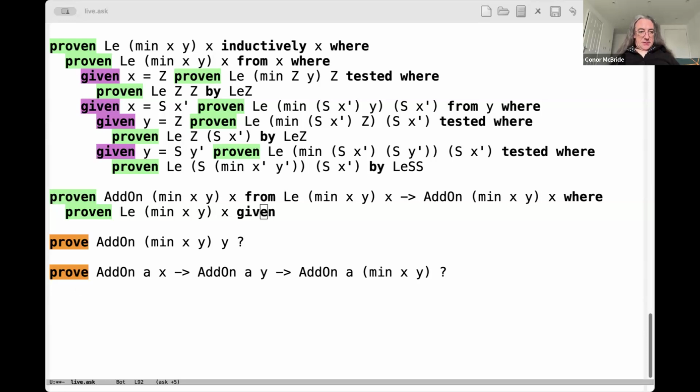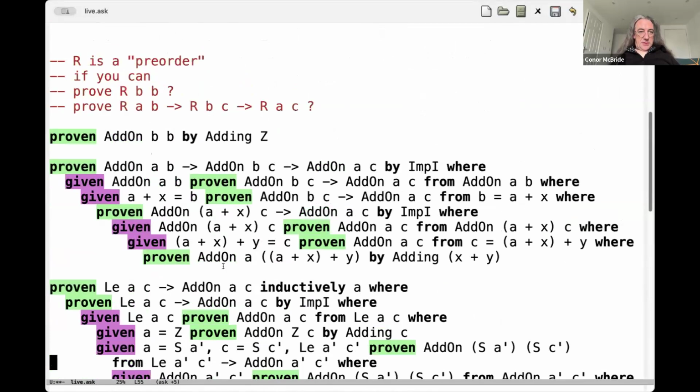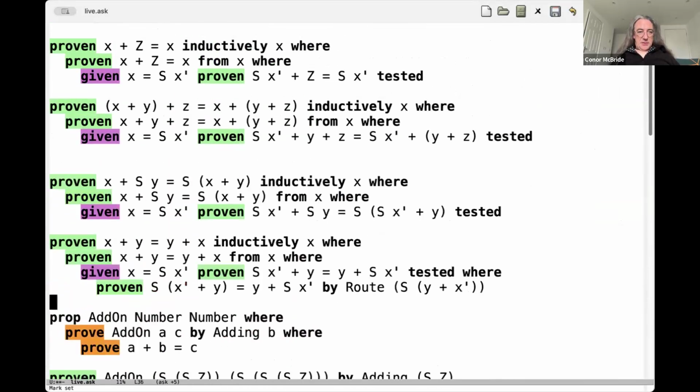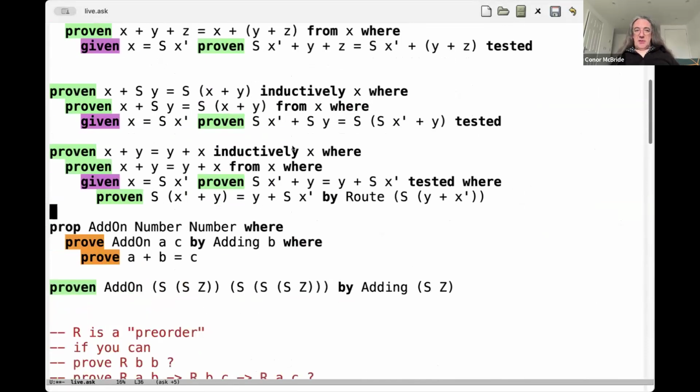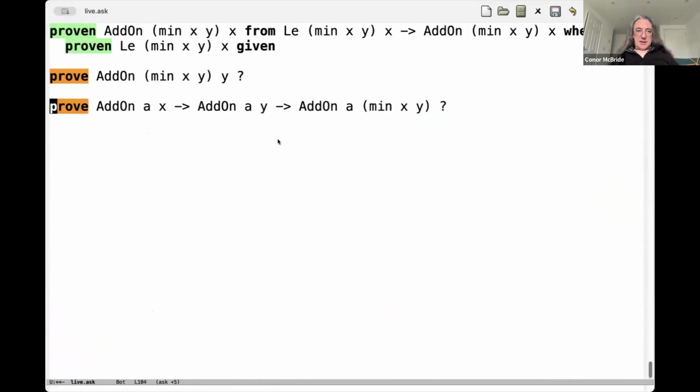Grab some things. So, more stuff we know about plus. We know that plus is commutative. Right.